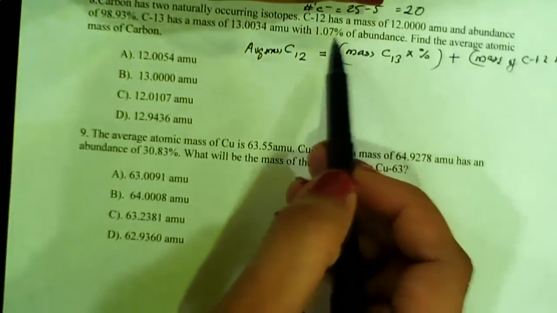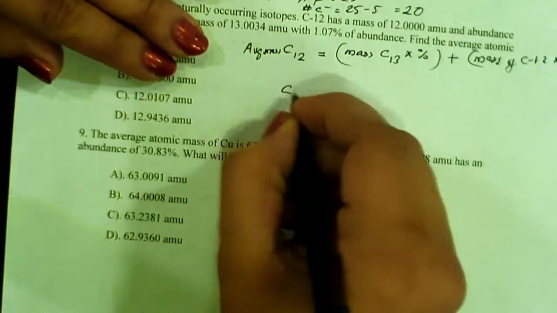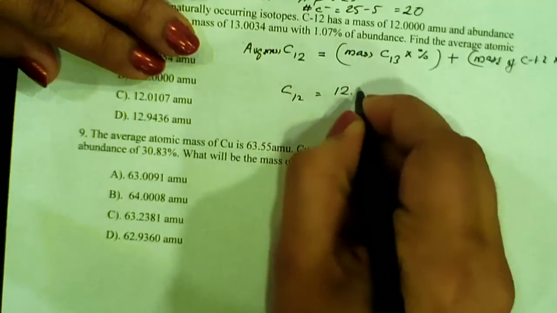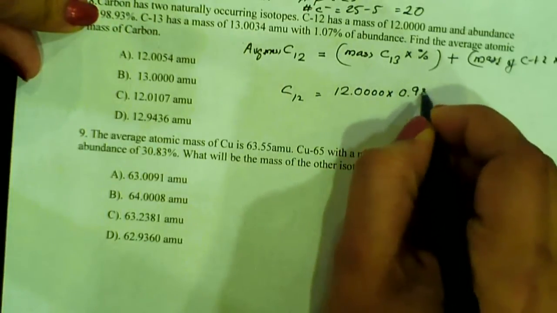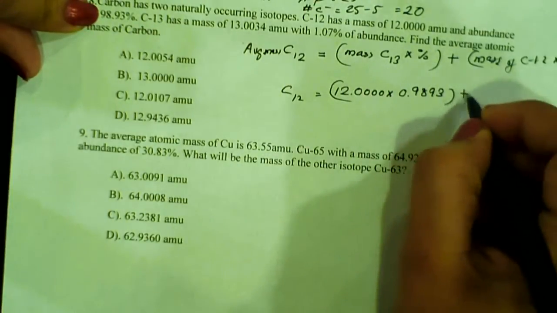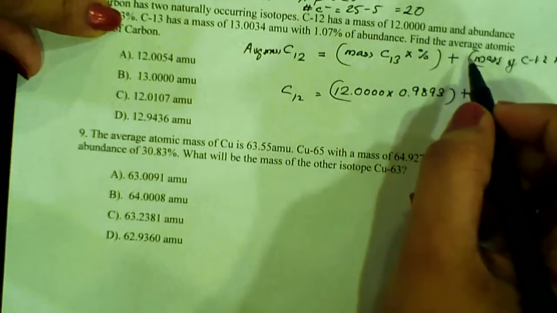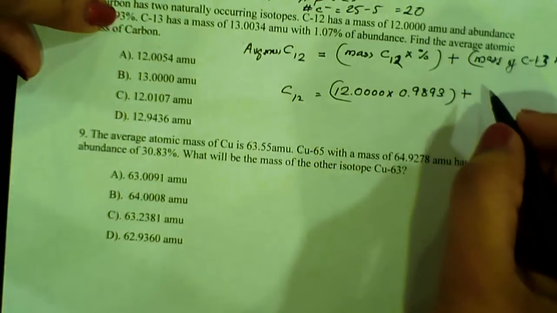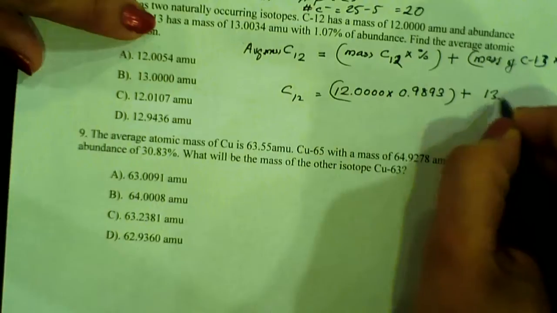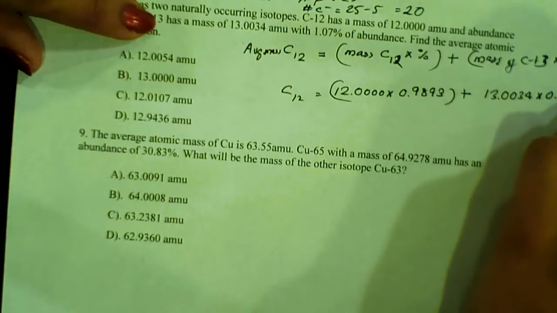So 1.07% means 0.0107. Carbon 12 will be 12.0000 times its percentage abundance, which is 0.9893, plus, for carbon 13, 13.0034 times its percentage of abundance, which is 0.0107.